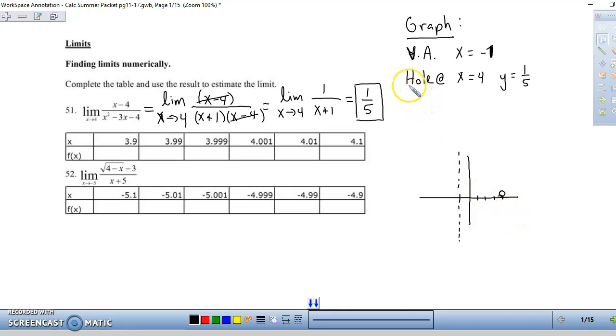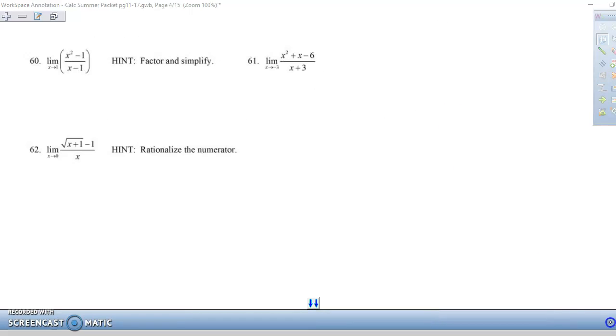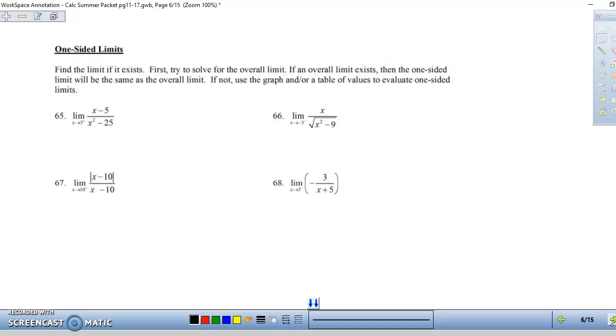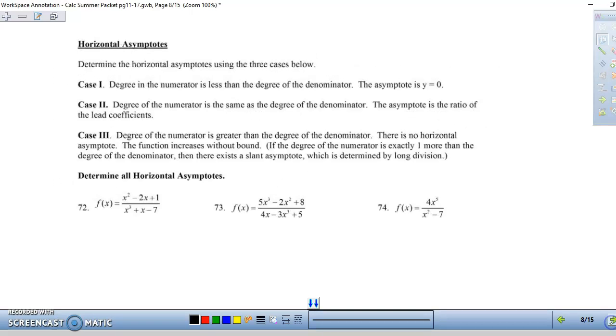Okay, going on from there, other things that are super helpful are horizontal asymptotes. So there are rules to go with that. The rules are actually indicated over here on page 13 somewhere. Where are they? They're there. So here are the rules for horizontal asymptotes. And what you are doing in this case is comparing the degrees of the numerator and the denominator.